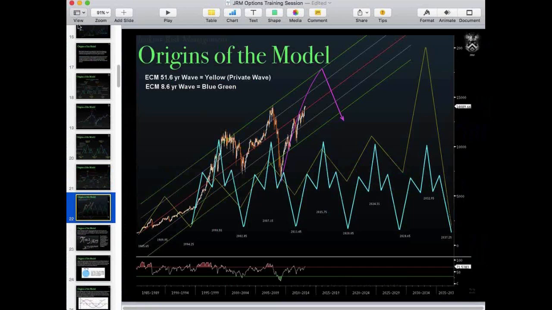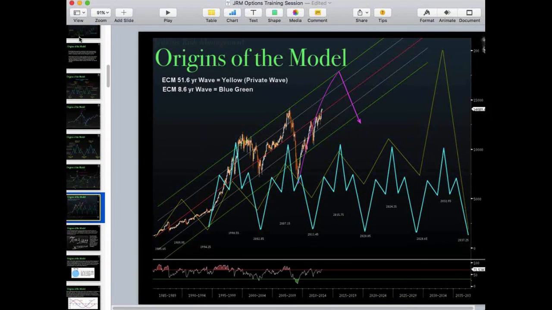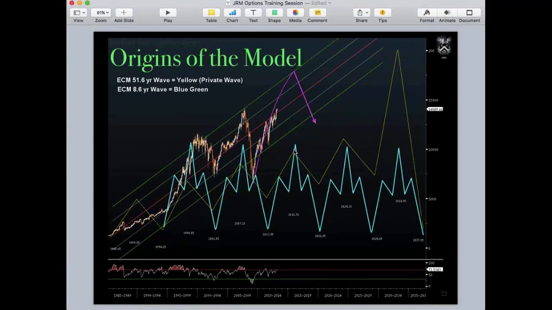This is an example of a chart I drew in Bloomberg back in 2012 or 2013. I shared this with a lot of our hedge fund clients at the time, that this was a pretty predictable path that we might be on. So we were looking at turning points here.